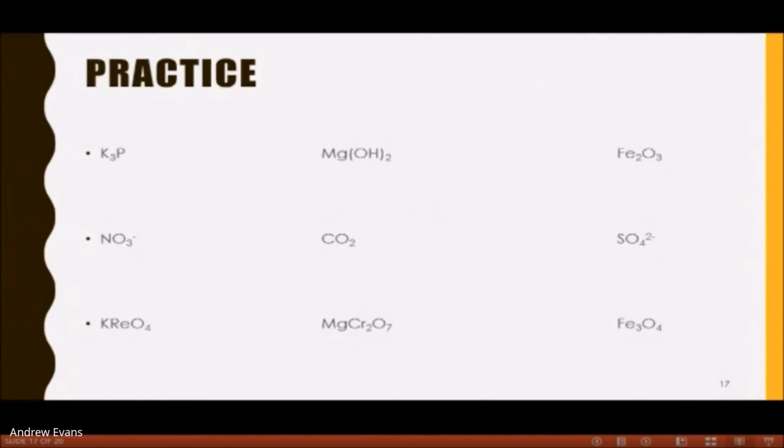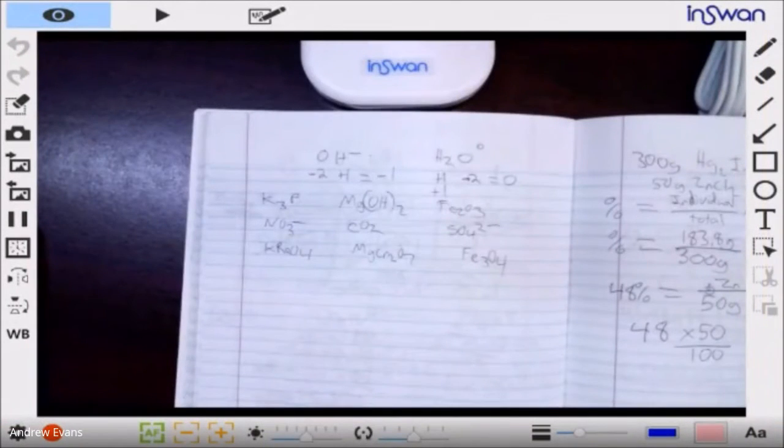K3P, Mg(OH)2, Fe2O3, NO3 1-, CO2, SO4 2-, KReO4, MgCr2O7, and then Fe3O4. Okay. So I'm just writing these down so I can go to the doc cam.